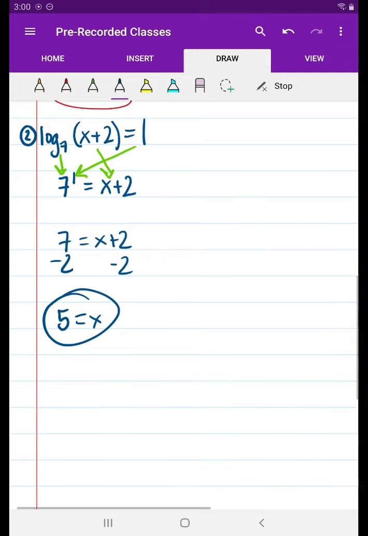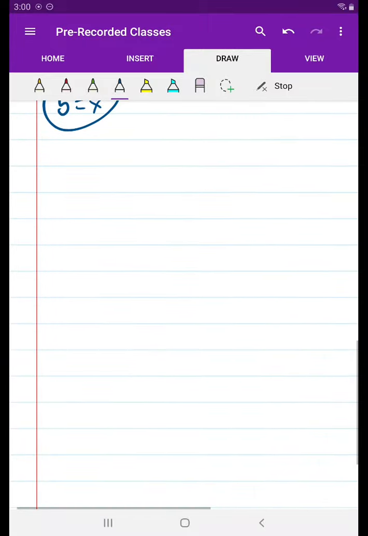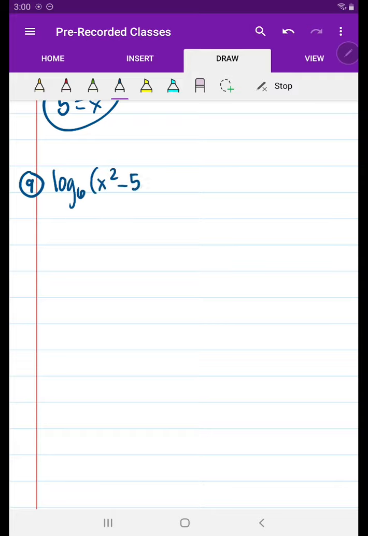Let's take a look at number 9. Your classwork jumps around in numbering, but I'm sure it's something you can handle. For number 9, we have log base 6 of x squared minus 5x equals 2. Our base is 6, the exponent on that is 2, and the whole thing equals x squared minus 5x.